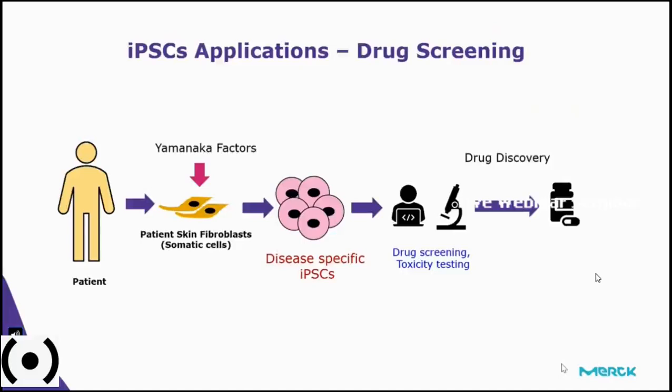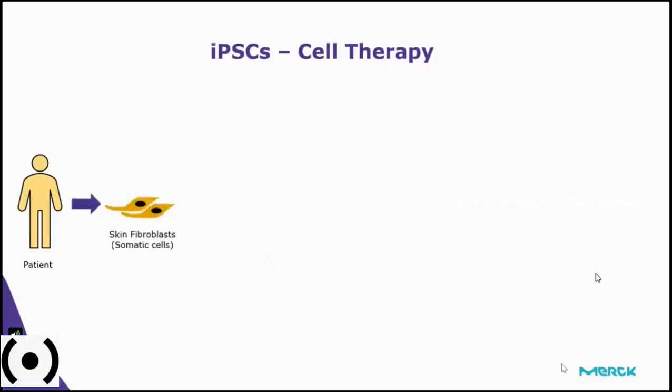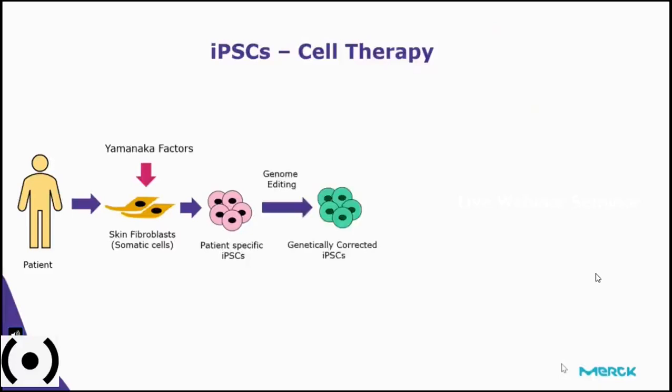Now next is cell therapy. This is the most important. Suppose there is a patient, you can take a biopsy and grow skin fibroblasts, reprogram them, and generate patient-specific iPSCs. Suppose there is a mutation in a particular gene and because of that there is a disease in the person.